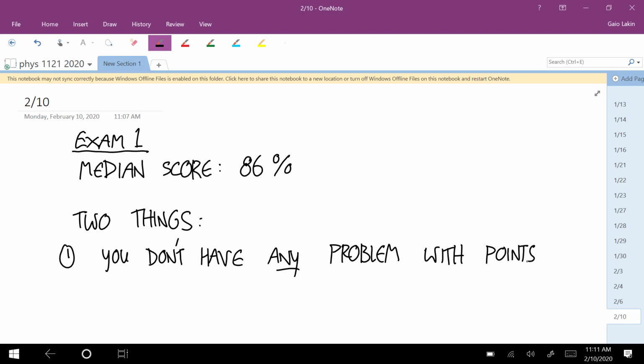Whatever grade you get on the final can count as the final, and it can replace the low score you got on exam one. Okay, so nobody has to count this score as part of their grade at all.